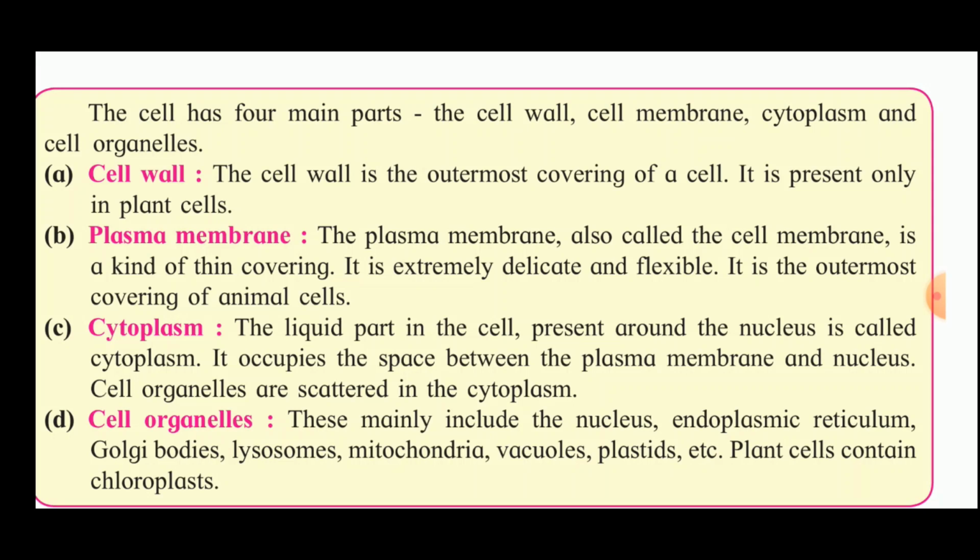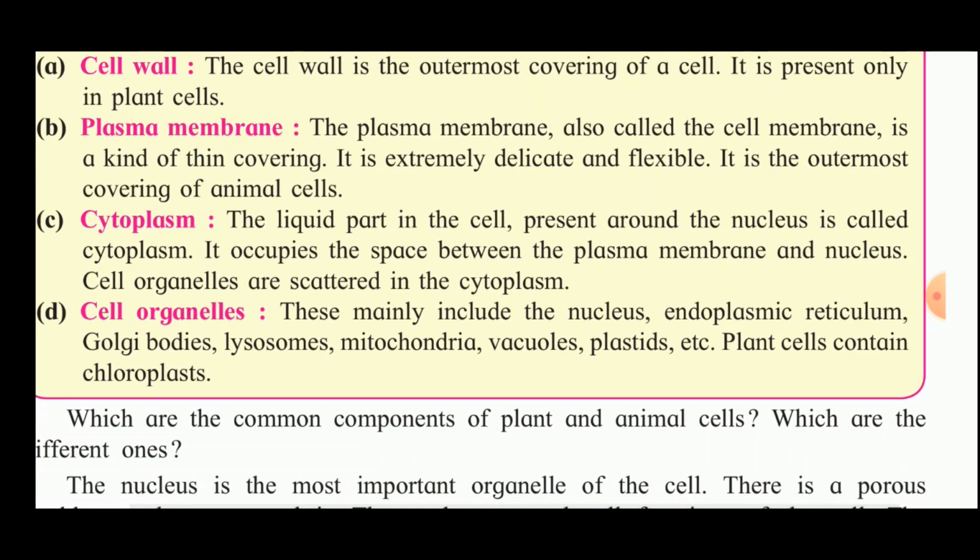It occupies the space between the plasma membrane and the nucleus. Cell organelles are scattered in the cytoplasm. These cell organelles mainly include the nucleus, endoplasmic reticulum, Golgi bodies, lysosomes, mitochondria, vacuoles, etc. Now plant cells contain chloroplast.